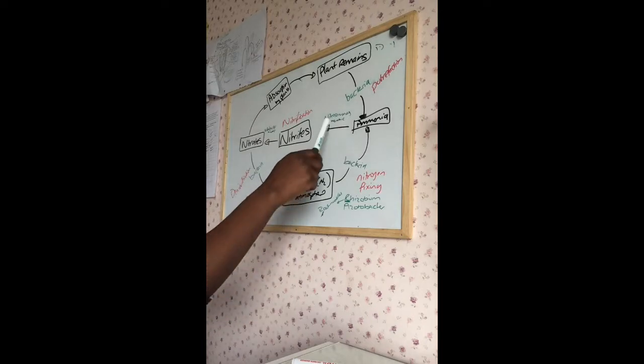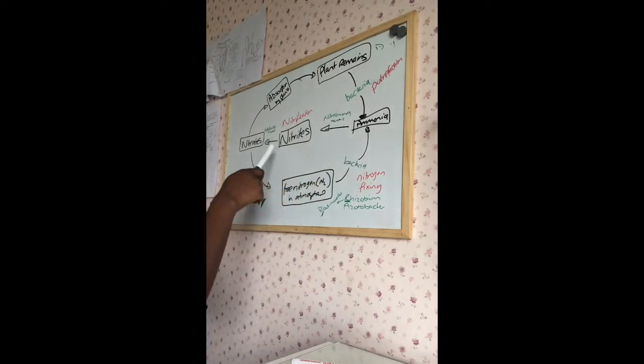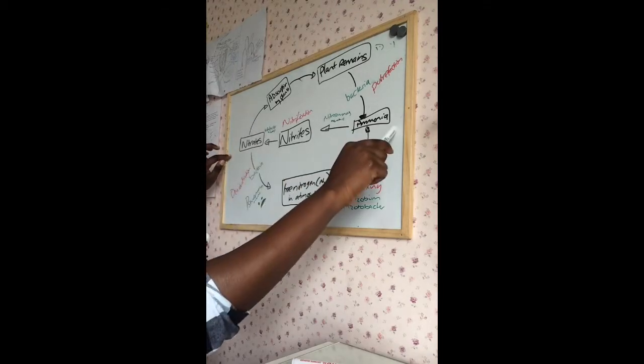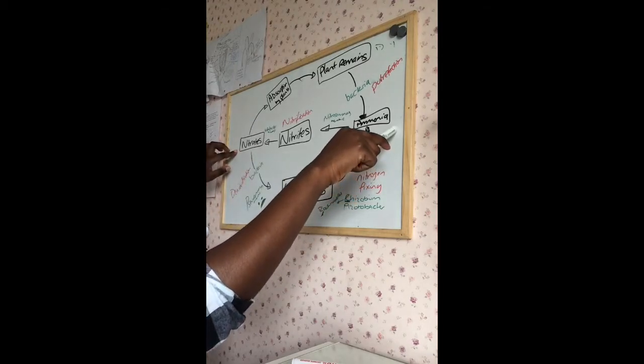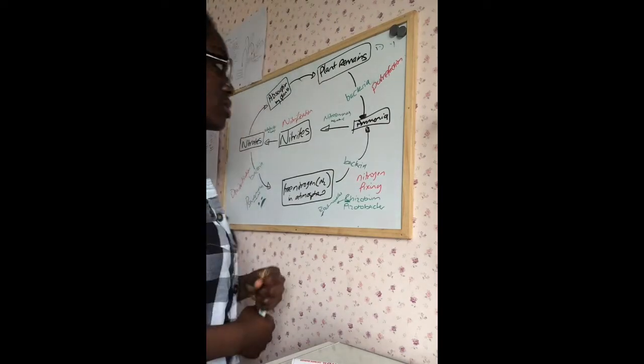This takes place in aerobic conditions. And the nitrites are converted into nitrates by nitrobacter, also in aerobic conditions. This whole process is nitrification and requires aerobic conditions.